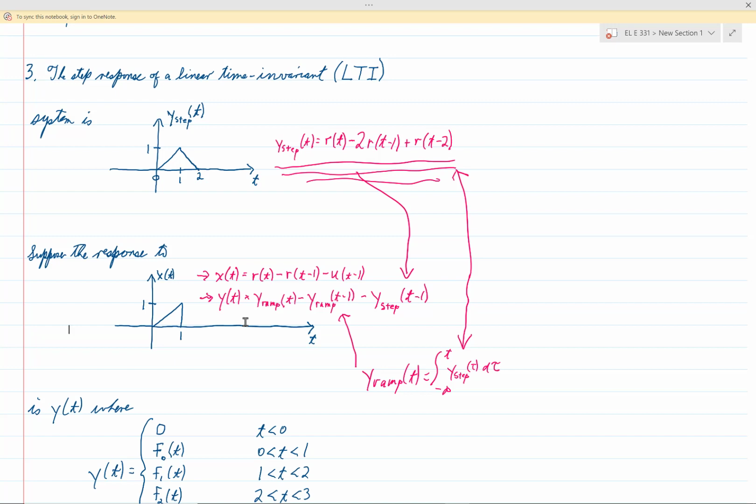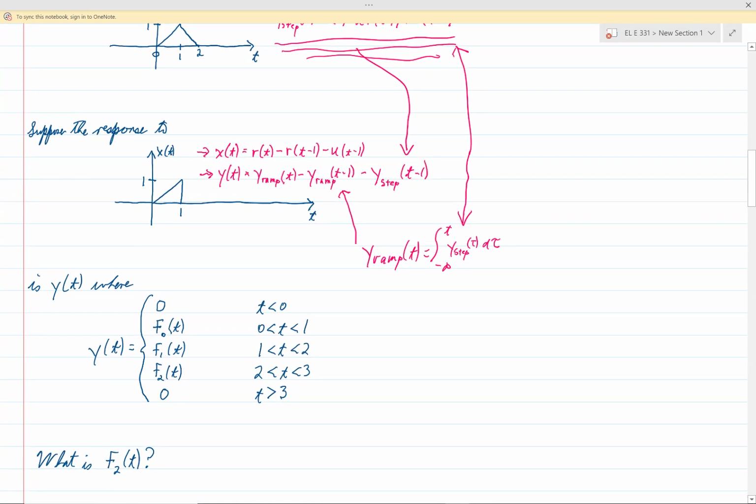Okay. And then in the end, we're going to get this expression for y of t, and we can look at what y of t is equal to in different parts of the domain. And for this problem on the test, we're interested in f2 of t, which is how y of t behaves for t between 2 and 3.